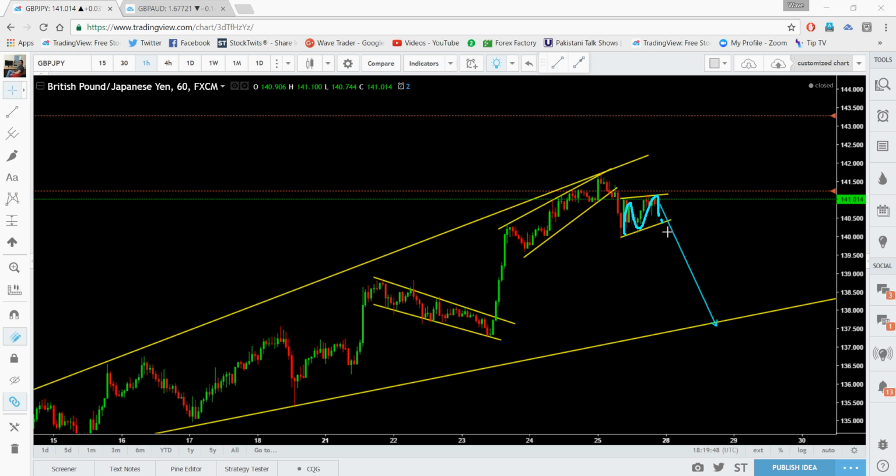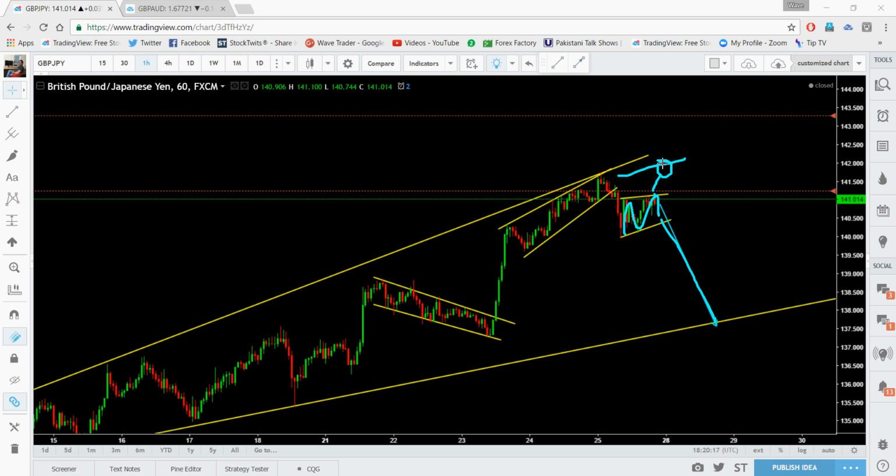It can break down, and if it breaks to the downside, try to get into the market. If you sell here at this point or here at this point, then remember you are selling based on your indicator or based on your pattern.